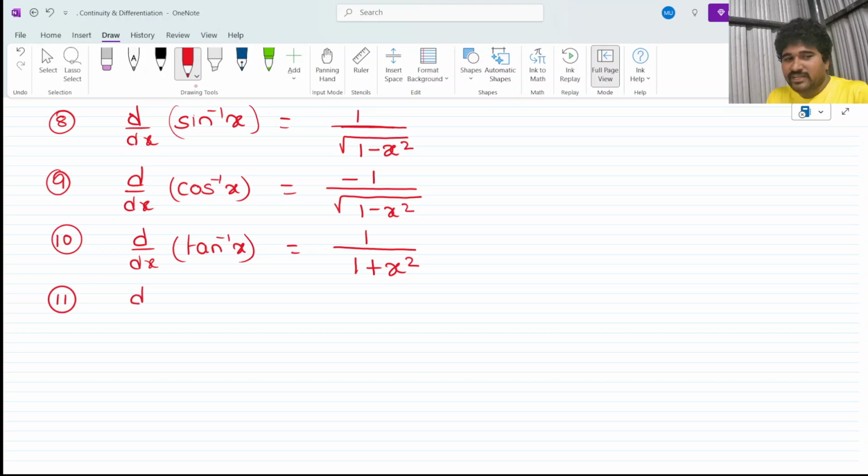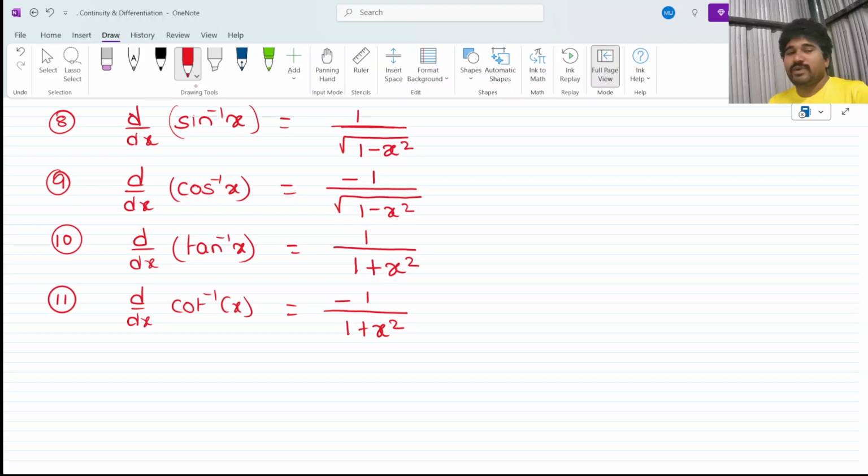We will write that. d by dx of cot inverse x. What might it be, guess? Minus 1 by 1 plus x square.